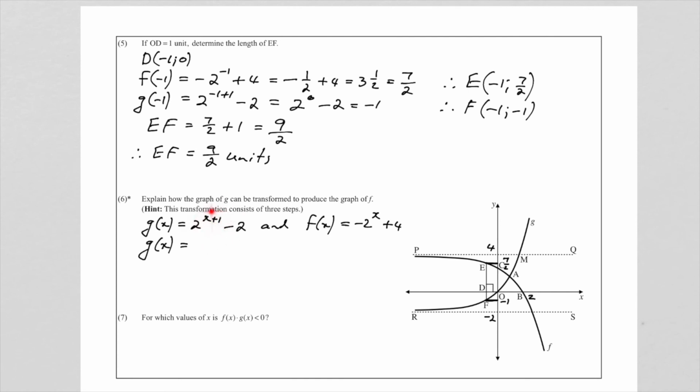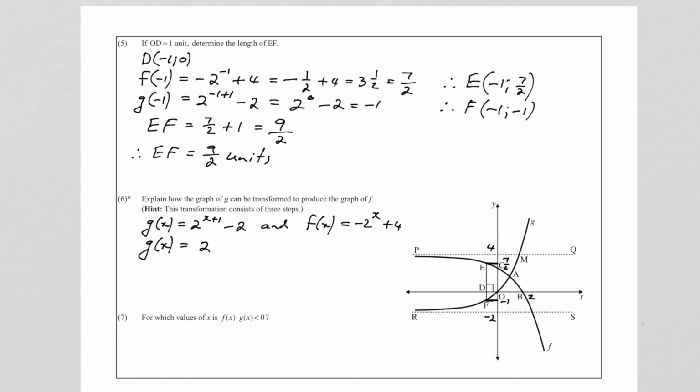So you put x plus 1 equal to 0, so x equal to -1. So this graph moved 1 unit to the left. As you can see, F didn't move at all. So that means to change this one to look like that, we need to shift this graph 1 unit to the right. So that is the first thing we're going to do.